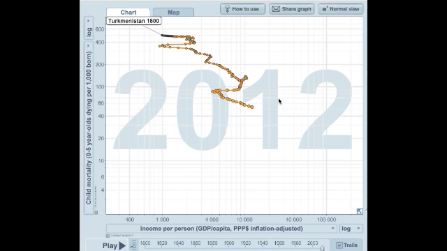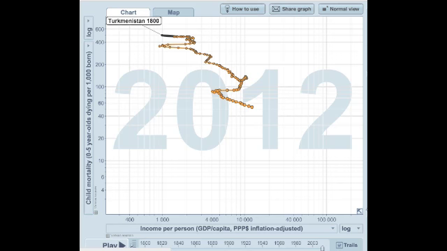The situation soon got better and the child mortality rate continued to decrease. In spite of the overall decrease, the child mortality rate is still high compared to developed countries. This is mainly related to the fact that 50% of the population in Turkmenistan lives below the poverty line, having a low standard of living.